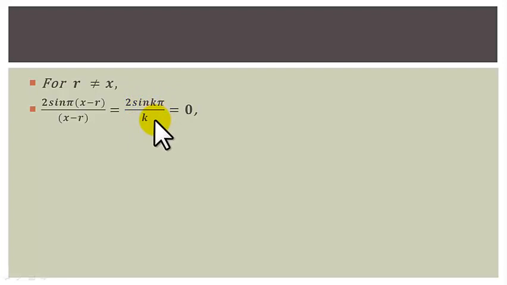And please note that sine pi is equal to 0. Sine 2 pi is equal to 0. Sine 3 pi equals 0. And in general, since k is an integer, sine k pi will also be 0. So 0 all over k is equal to 0.